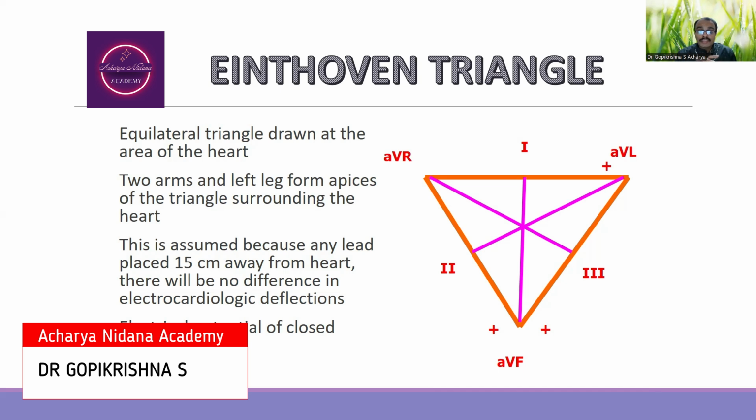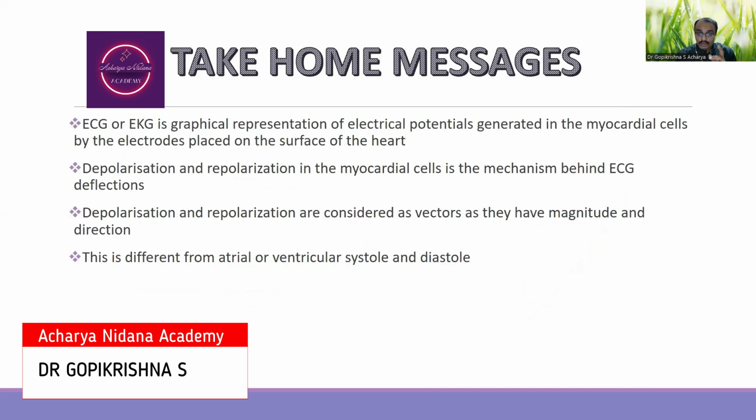This equilateral triangle is named after the person who invented the electrocardiogram, that is Einthoven's triangle. And the electrical potential of a closed circuit will be 0. This one we need to remember. From this Einthoven triangle, in the next two videos, we are going to discuss how to draw a hexaxial reference system.